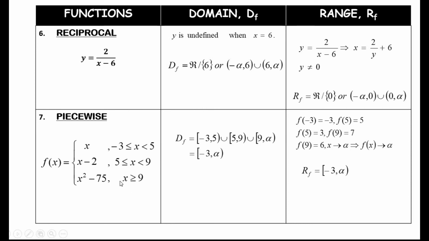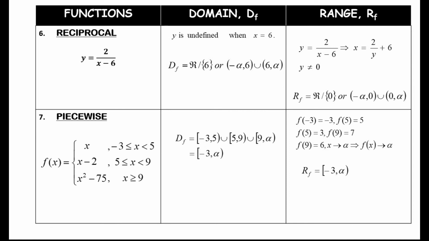As x approaches infinity, f of x also approaches infinity. From these values, you find the lowest value of f of x, which is -3. So -3 is the lowest value for f of x, and the highest value for f of x is infinity. Therefore, the range of f is from -3 up to infinity.